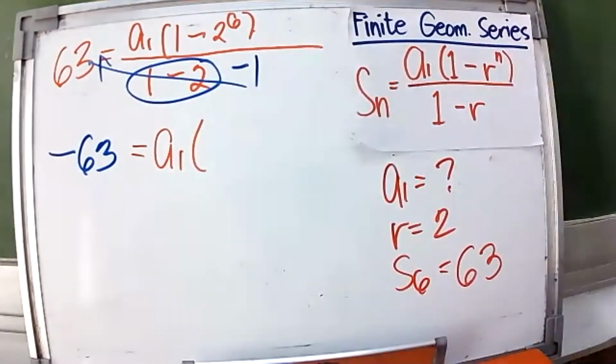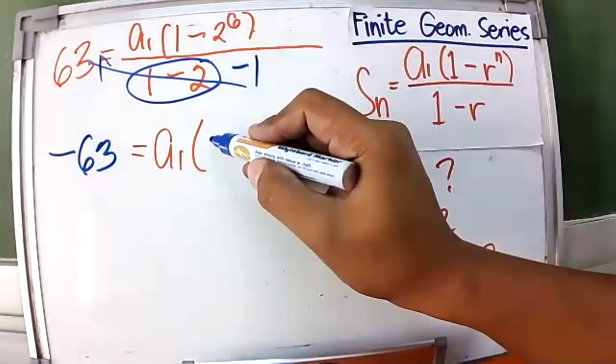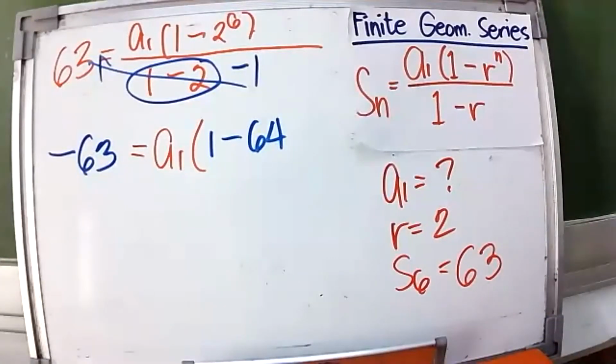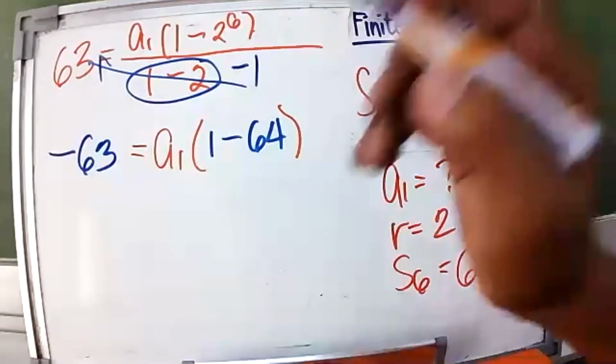times 2 raised to 6. What is that? 2 raised to 6 is 64. So that's 1 minus 64. Okay? And 1 minus 64 is negative 63.